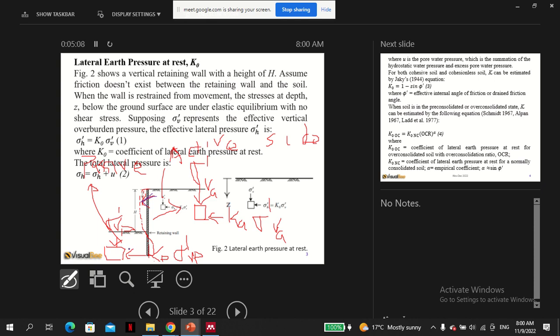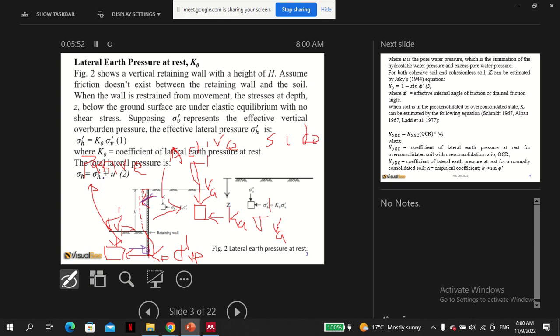On the passive side, the soil is tending to push against the soil. Let's talk about the movement of the soil. On the active side the soil is undergoing some form of extension, but here the soil is maybe undergoing some form of compression by pushing against the retaining wall in this manner.